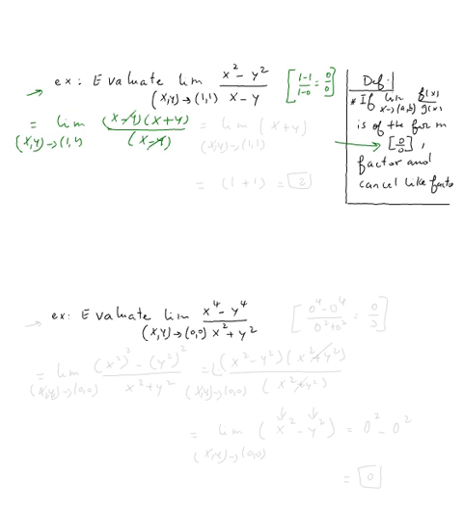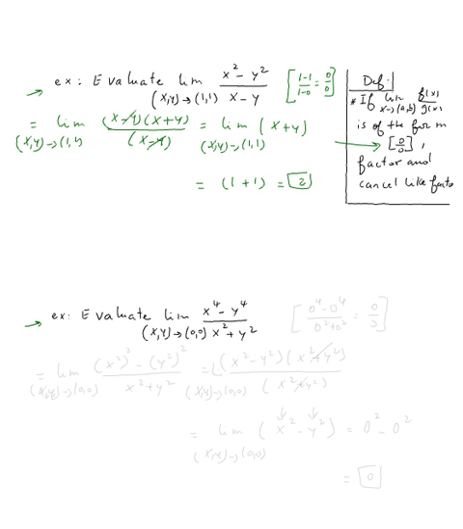Simplify, (x minus y) over (x minus y) is 1. So this will be equal to the limit of x plus y as (x, y) approaches (1, 1). Now plug it in, 1 plus 1, that will be equal to 2. Done, that's our limit.